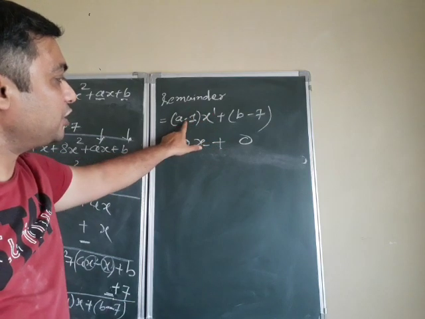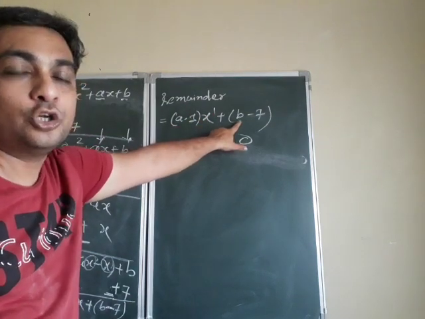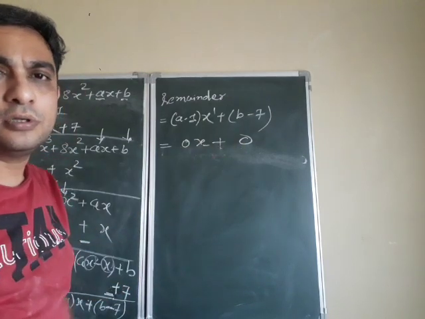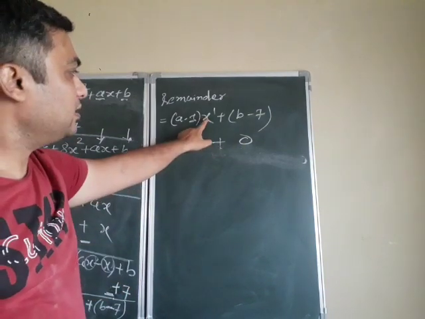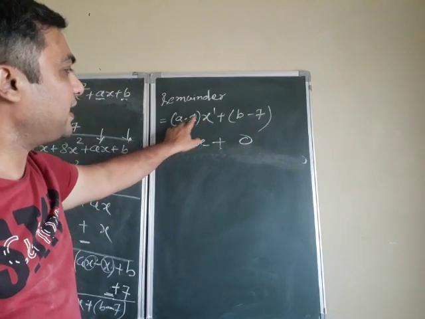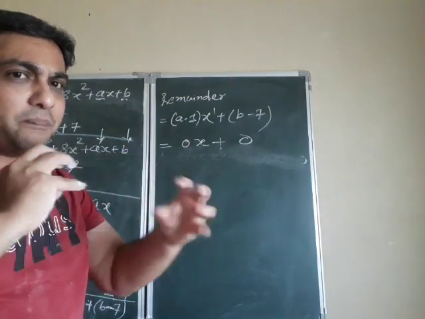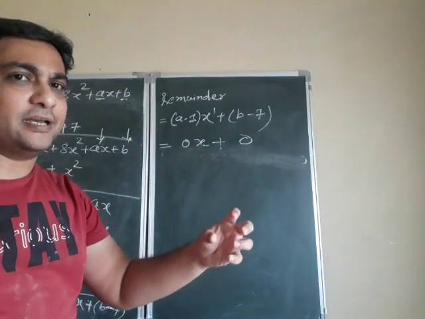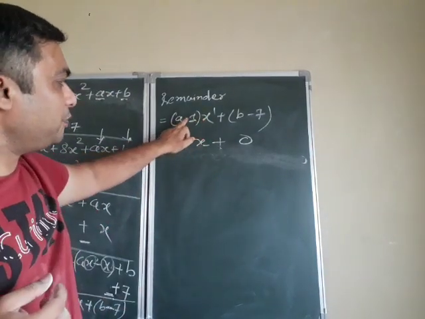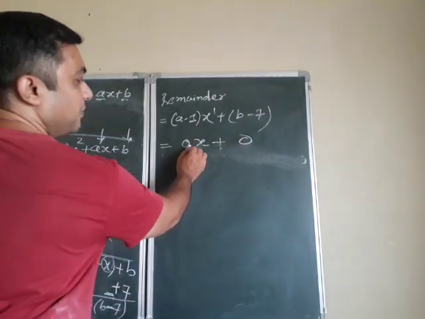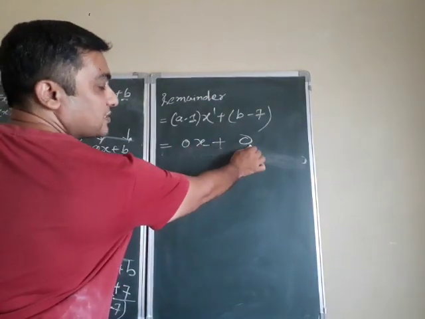This is the coefficient of x and this is the constant term. So what is the structure of remainder? 0x plus 0. This is the variable term and this is constant. Variable and constants we cannot mix. We have to compare individually. Meaning the coefficient of x should also be 0 and the constant should also be 0. So remainder must be 0x plus 0.